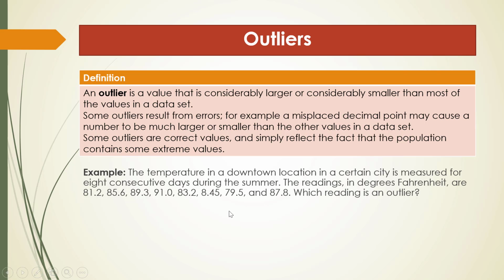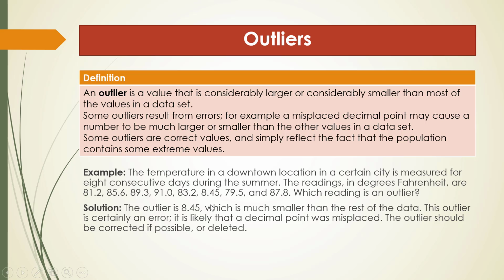Here you see that there is a ridiculous number, 8.45, which is different from the others. So 8.45 is an outlier.